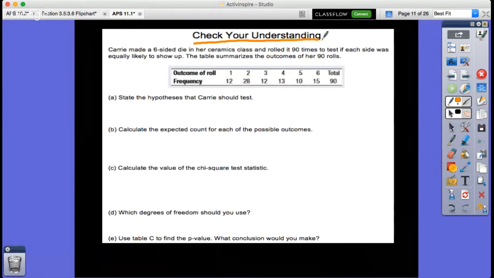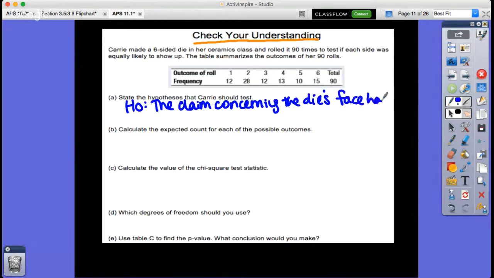All right, now we're back, and what we would like to do here is just go through the different parts of the process within these hypotheses. So let's make the null. This is a 6-sided die, and the claim concerning the die's faces, that each has a probability of 1/6, is true.